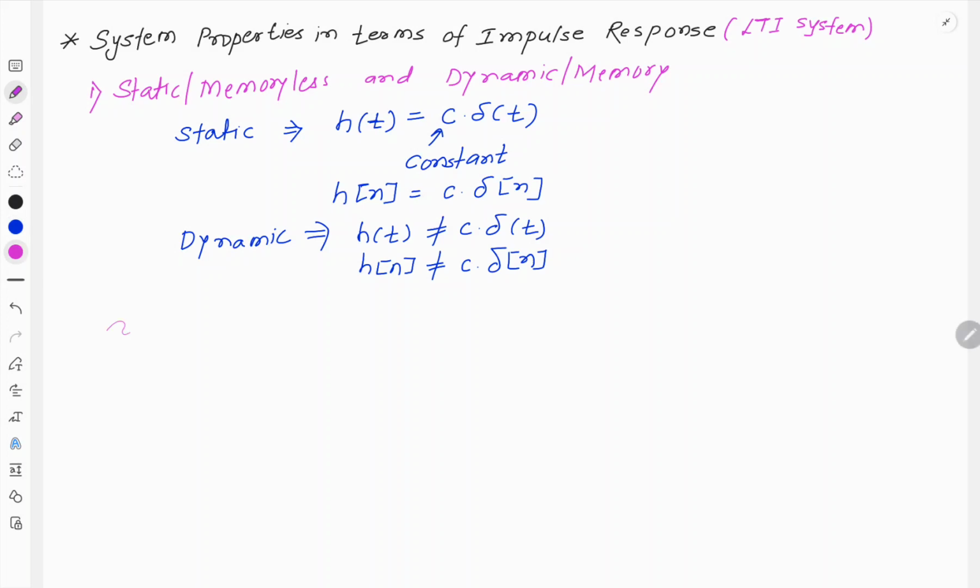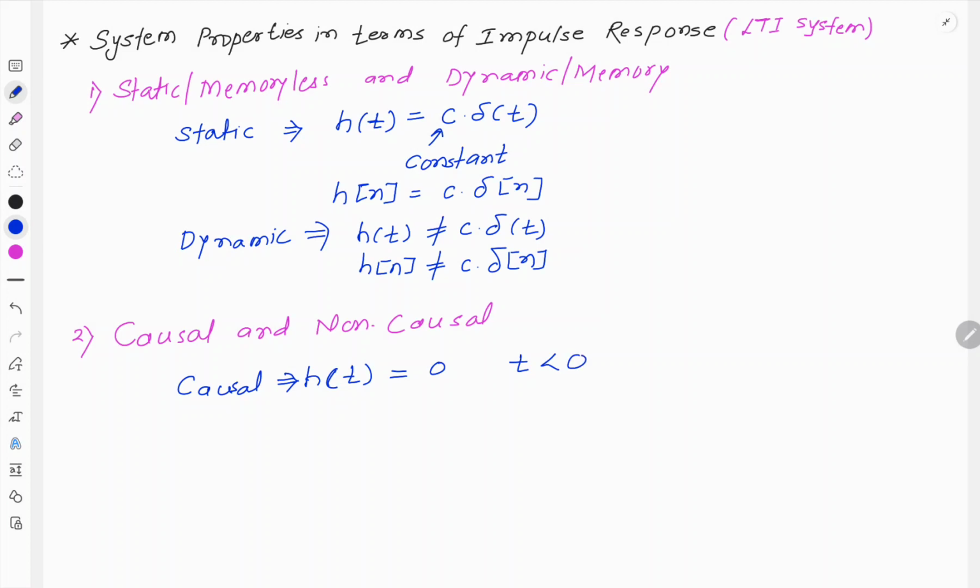Now the second classification is causal and non-causal. For a system to be classified as causal, the impulse response h of t should be equal to 0 for t less than 0.